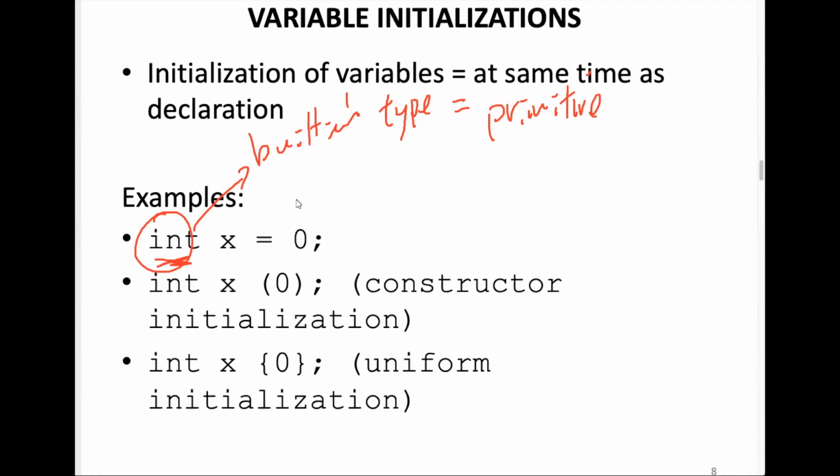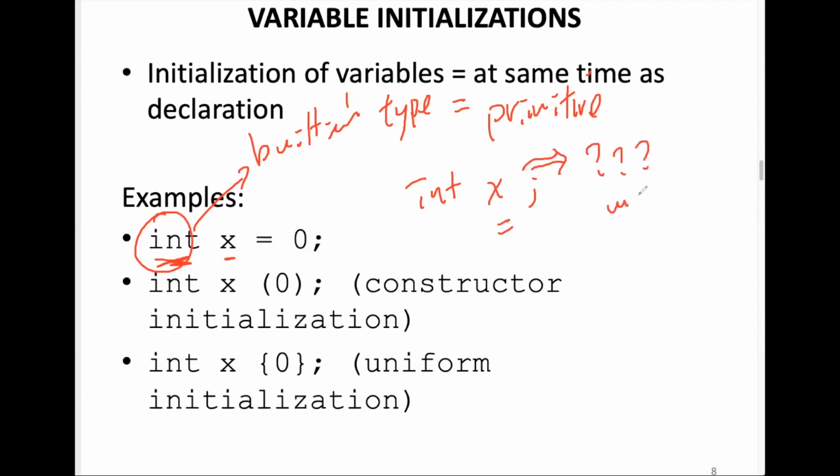So in order to initialize an integer variable x at compile time, you write int x equals 0. Initialization is not the same as declaration, right? So if you just do this, what does that mean? Well, this is going to give you an uninitialized built-in type, which has a value of question mark.